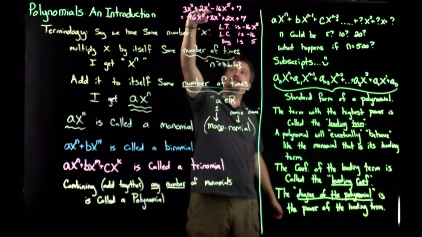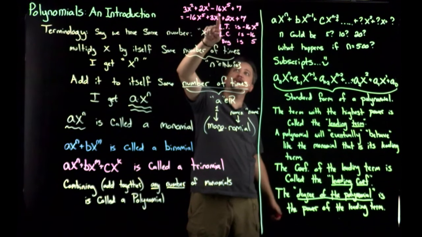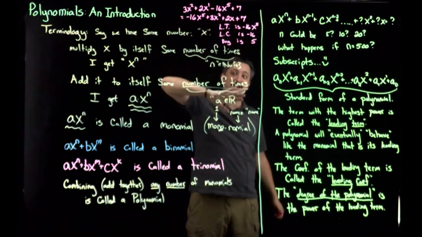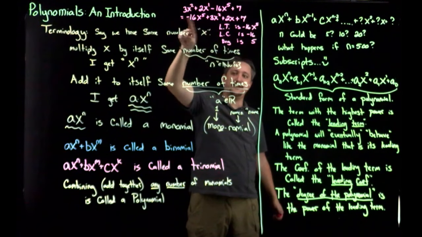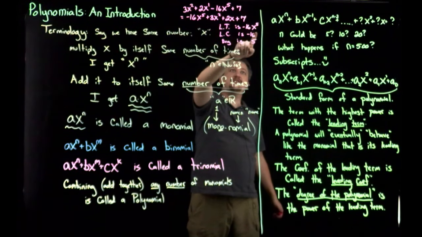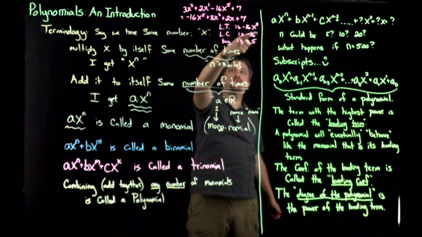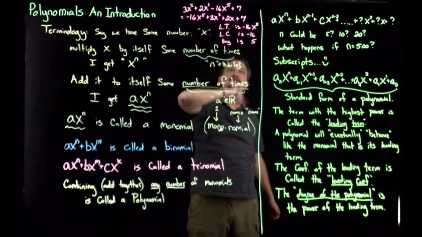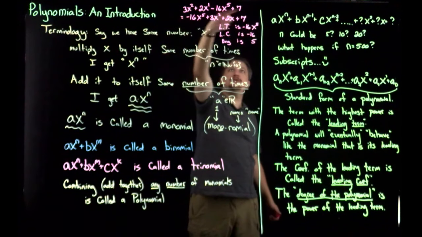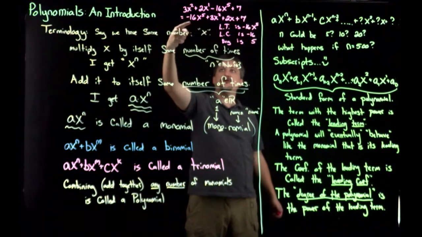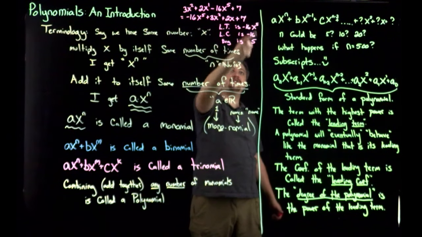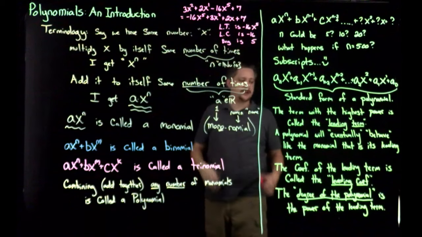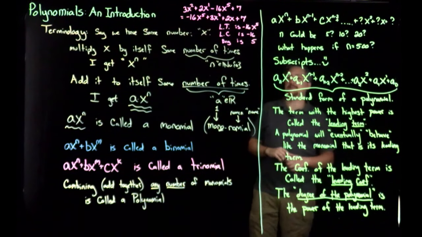Be careful, because if you didn't notice that this was minus 16, you might have written just 16x to the 5th, and that's not right, because you need to put the negative in front. The leading coefficient is the coefficient attached to that leading term, so it's negative 16. And the degree of the polynomial is the highest degree term, which is also the leading term. So it's x to the 5th, so this is the 5th power, the power in that term. Okay?